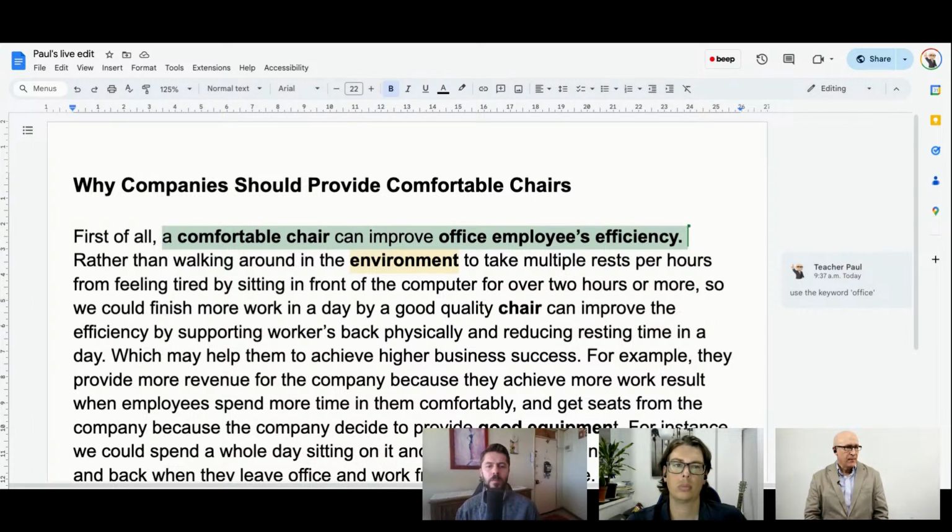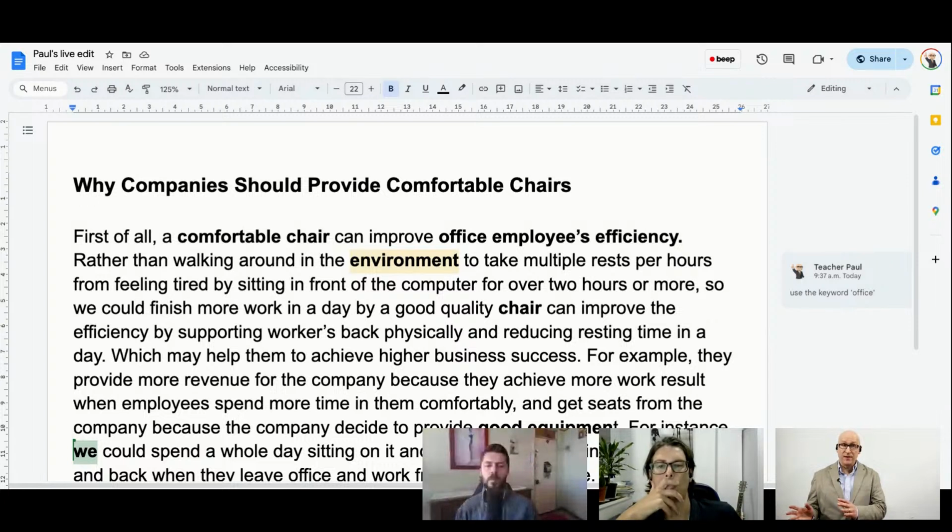Yet, down here, we start shifting, and suddenly we see this word we pop up. And that hasn't been established. That's a really abrupt shift in focalized narration, in a sense. We're going from talking about comfortable chairs to now we're talking about we.